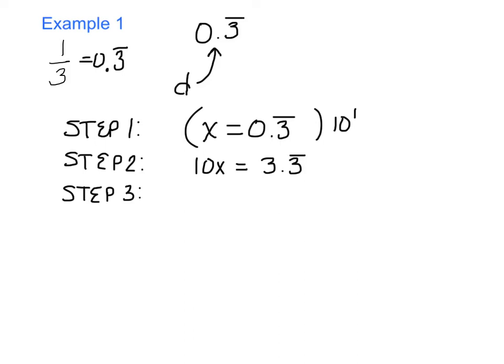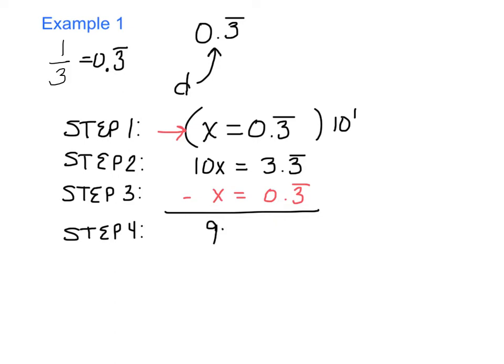Now step 3 says, subtract the original equation from the new equation. So we're going to subtract x equals 0.3 repeating. And then step 4 is solve for x. So we're going to take 10x minus 1x, that's 9x, equals 3.3 repeating minus 0.3 repeating, that cancels.